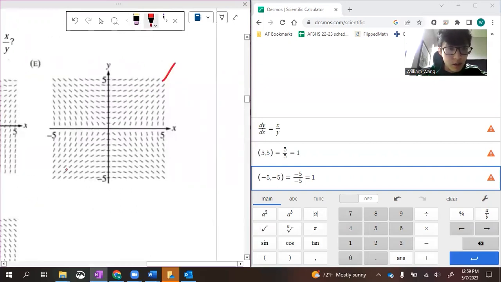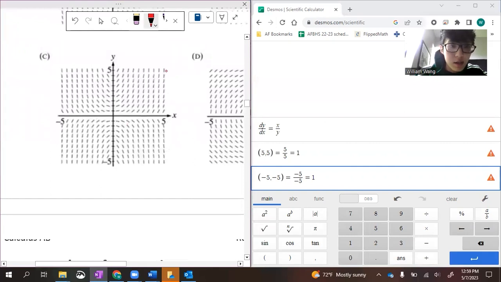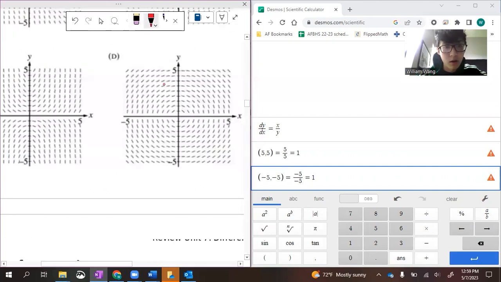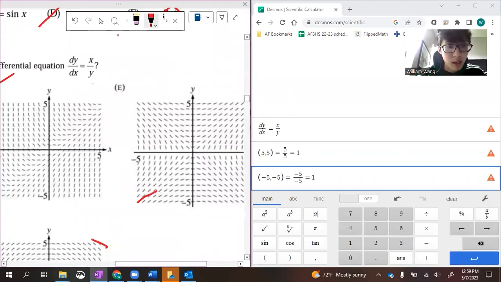This line is going diagonally upwards, a slope of 1. At this corner, it's diagonally upwards, a slope of 1. C, nope, this slope is going straight up. That is not a slope of 1. This slope is going straight down. That is not a slope of 1. And D is not correct either. So actually, those were 2 great points to choose. My answer choice is going to be E.